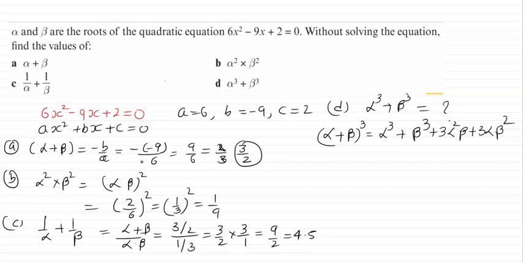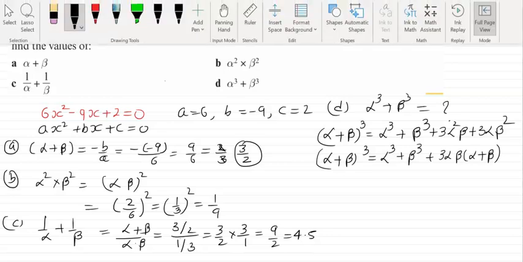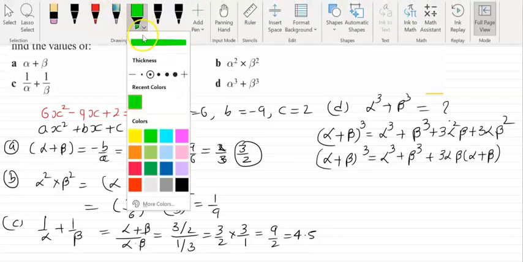So this you can write as (alpha plus beta) cube equals alpha cube plus beta cube, and here we can take 3 alpha beta outside, it is left with alpha plus beta. So if you see, we have converted everything in terms of alpha beta and alpha plus beta. Now, if we want to make a subject here, what can we make the subject?